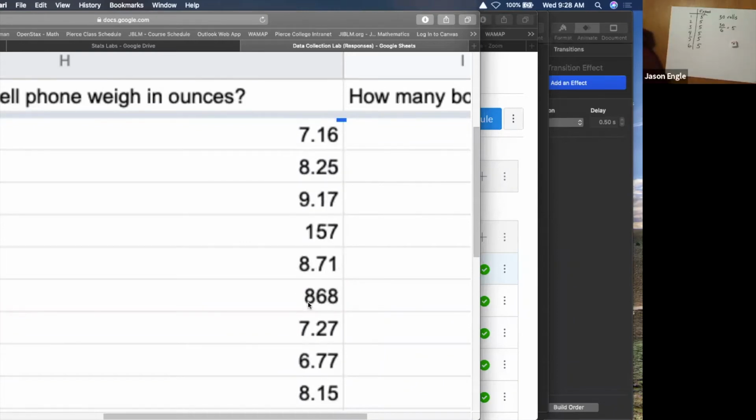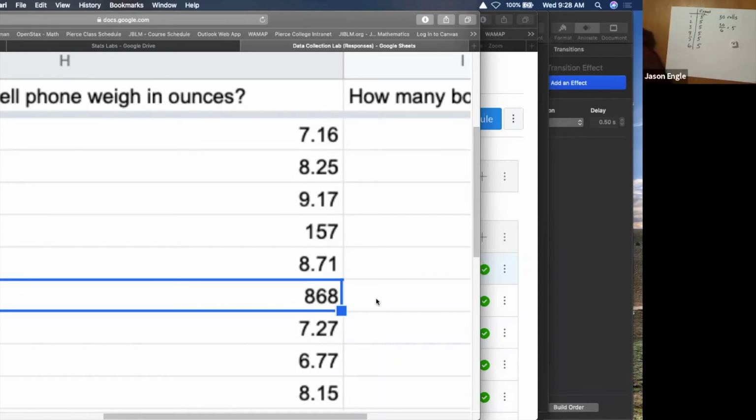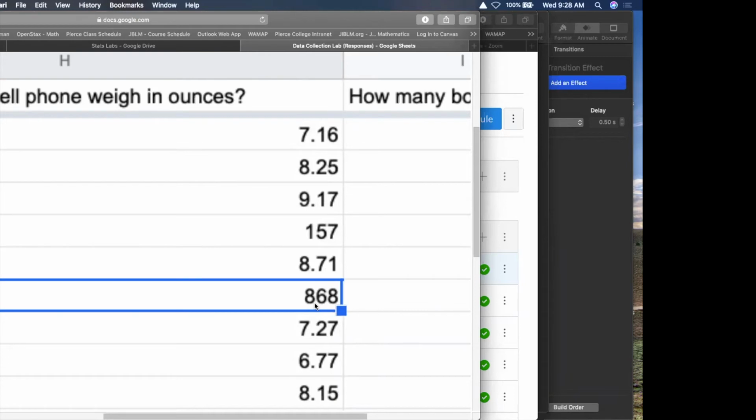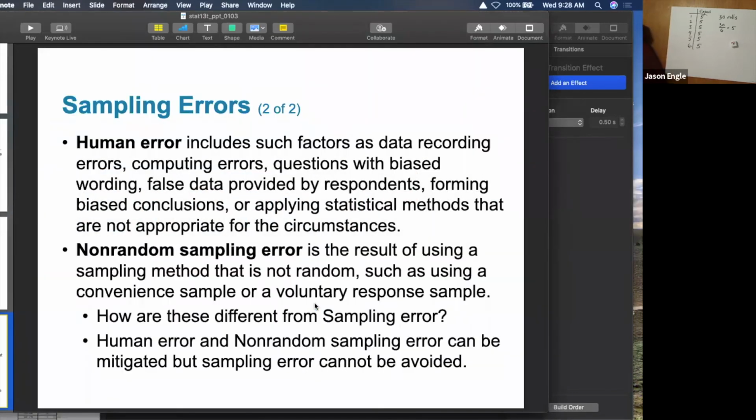Oh, that's even worse. Oh, wow. 868. Now if I had to guess, I think they just forgot to put in the decimal point. You know what I mean? Yeah, they probably meant 8.68 ounces, right? But these are examples of human error, right?